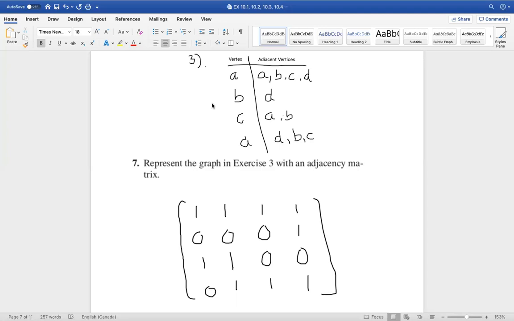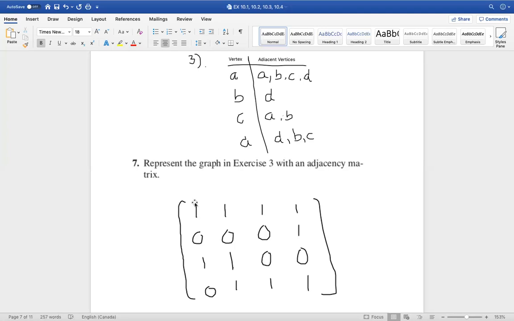So the rows, right? The first row is 1, 1, 1, 1. Is that representing A, B, C, D? Yes, that is representing A, B, C, D. So here we have these adjacent vertices, A, B, C, D. You can imagine this here will represent A, this represents B, this represents C, this represents D, and likewise this will also represent A. We put 1 only in the place where it is adjacent to that particular node.